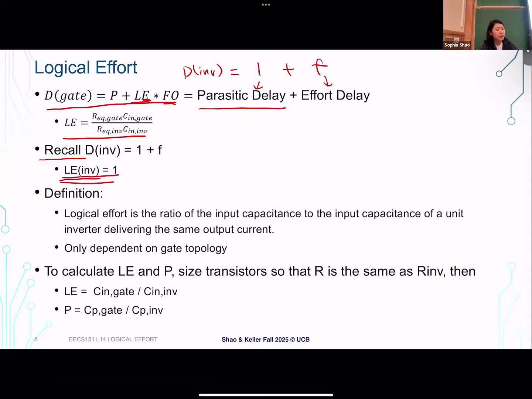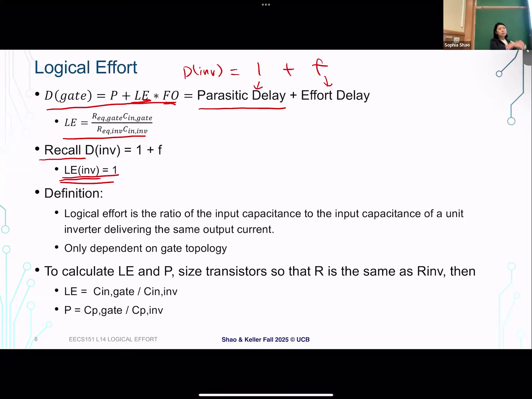So this is basically how we introduce another factor, describing the intrinsic property of the topology of the gate and how that can assist us to analyze more complex gates using a very similar first order approximation that we have been using for our inverter analysis. So how do we actually get the logical effort, right?